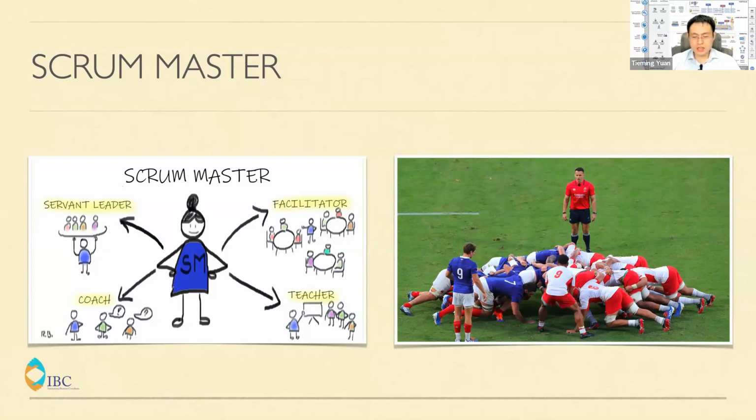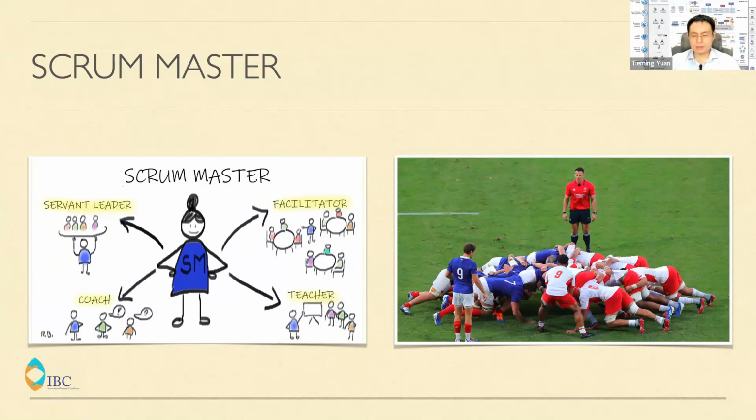He or she ensures that everyone abides by the values, the principles and the rules. And the guy standing up, the blue shirt guy, I see him as a product owner. He represents the customers, maybe the audience standing at the back in the stadium. And the players in blue and red shirts in the Scrum are the developers working together. So I see this.